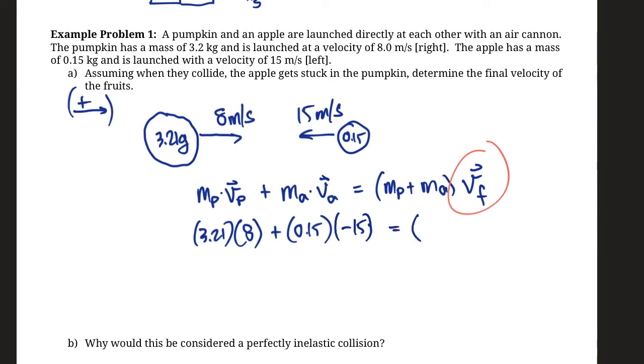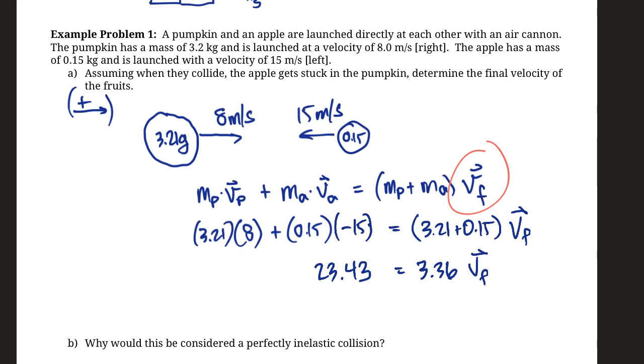So the mass is combined, so 3.2 plus 0.15 times VF. If we do the math here, 3.2 times 8 plus 0.15 times negative 50, on the left side we end up with 18.1, and on the right side, 3.2 plus 0.15 is 3.35 VF, and then we could divide.